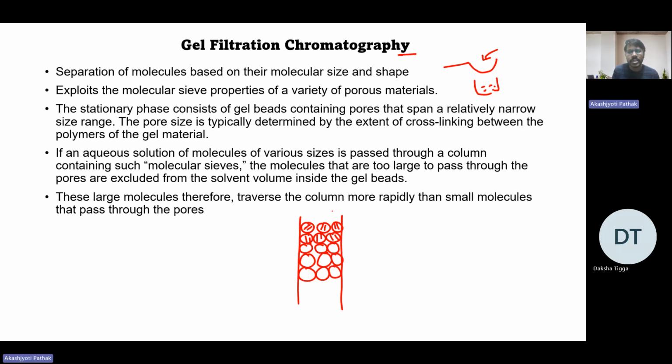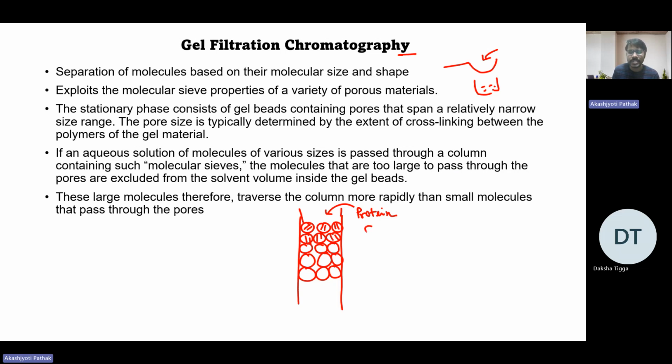Now, depending on the size of the protein, what will happen when you have added the protein that you want to purify? Your protein sample is an unpurified protein, so it will have different molecules.